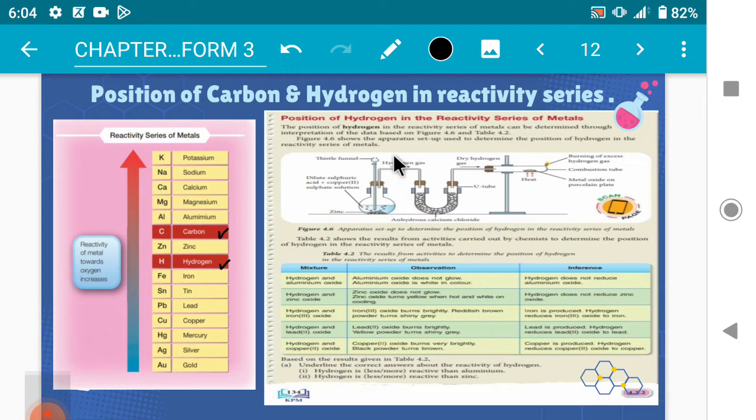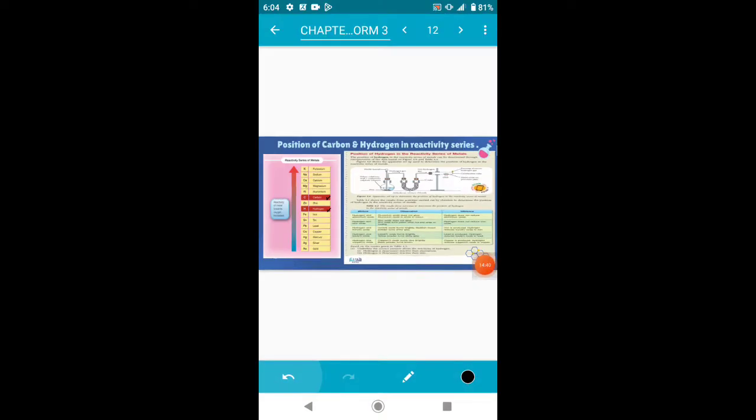For the case of hydrogen, you can see basically the mixture is burned here, and then the element is put inside the boiling tube, a test tube, and then will burn.